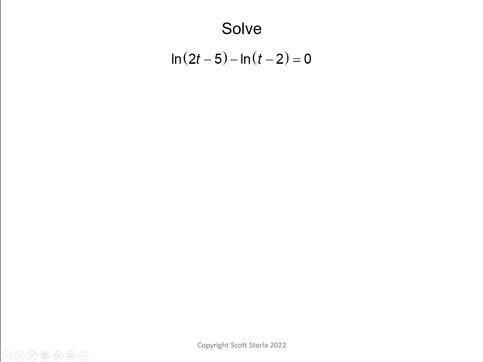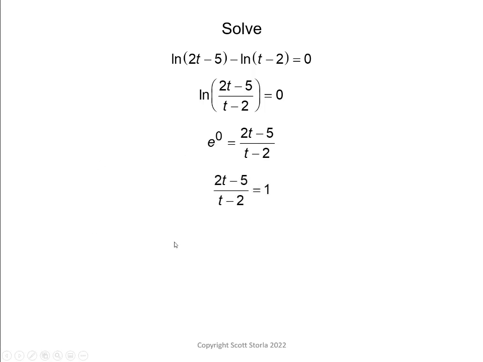How about here? Well, this difference makes me think of using the quotient rule, and then I can rewrite into exponential form, and e to the 0 will be 1. And then I'm going to multiply both sides by t minus 2 so I can reduce the denominator.